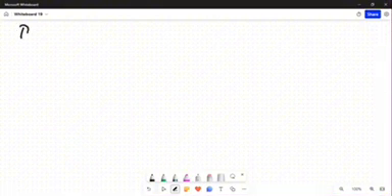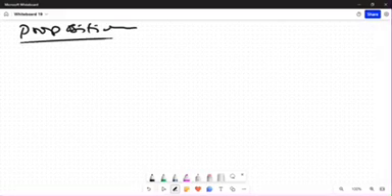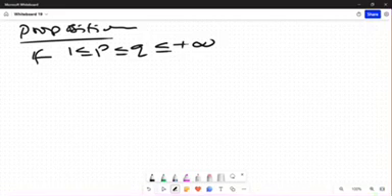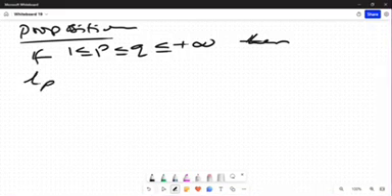So I have a proposition: if 1 is less than or equal to p, less than or equal to q, we are even including L infinity, less than or equal to plus infinity, then you have that LP is a subset of LQ.